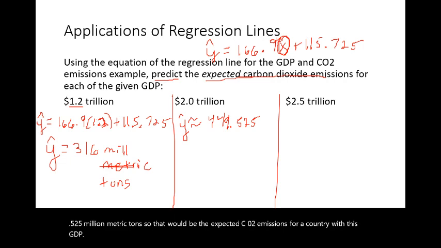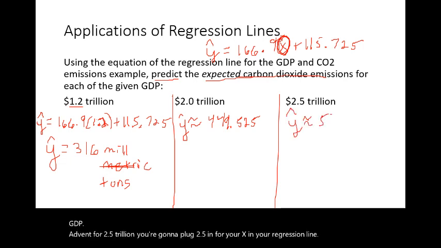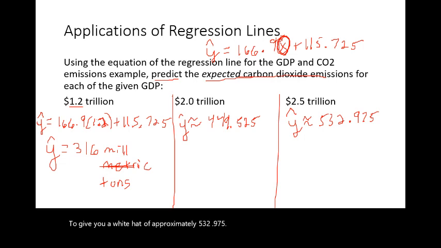And then for 2.5 trillion, you're going to plug 2.5 in for your x in your regression line to give you a y hat of approximately 532.975. So what that would mean is that for a country with a GDP of $2.5 trillion, the expected CO2 emissions would be 532.975 million metric tons.